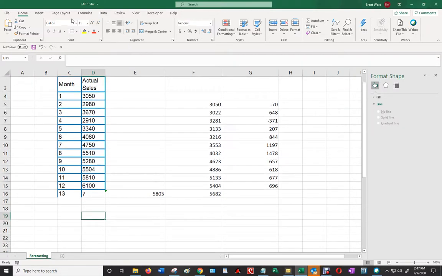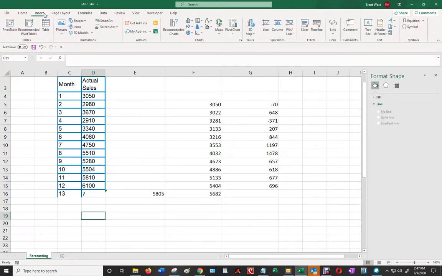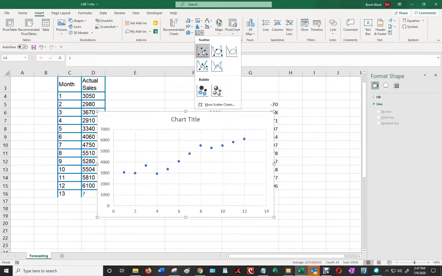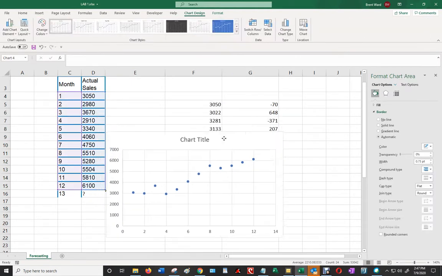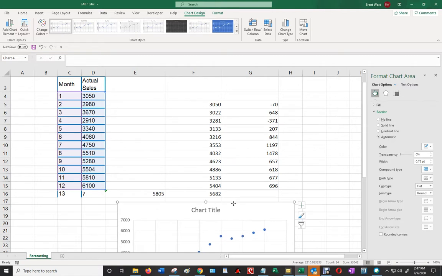To do that, you go like this: insert, and now highlight everything here from 1 to 12, and the actual sales values as well. Go to insert, and then click on this right here, the scatter plot. That gives us what linear regression would look like.